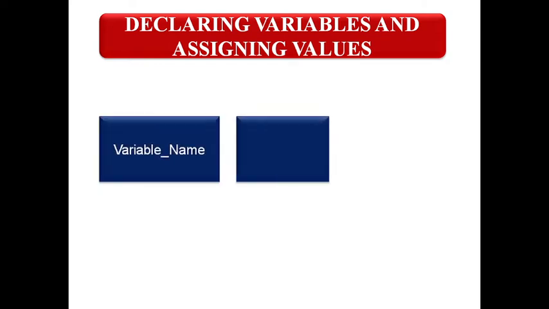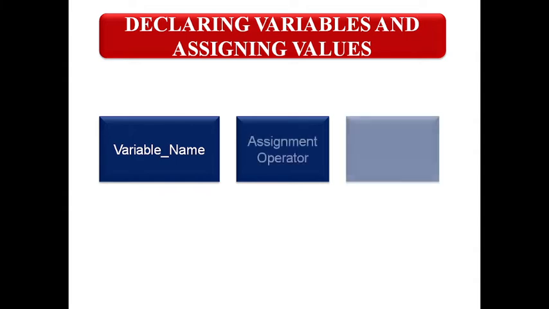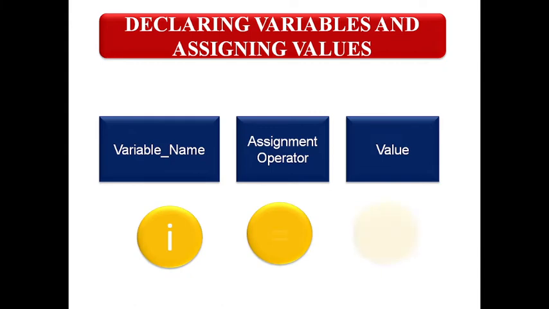So this is the basic syntax to declare a variable and assign a value. We give the variable name, and we can give any name because the variable name is a user-defined name. Then the assignment operator, which is the equals operator. As you can see in this example, i = 10.